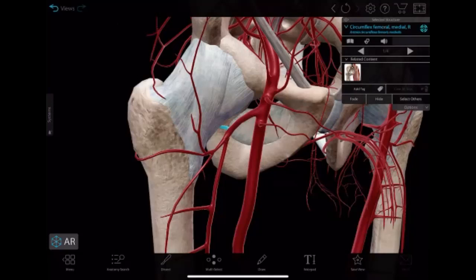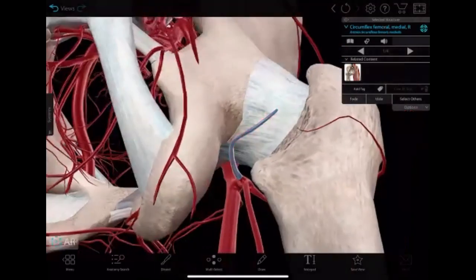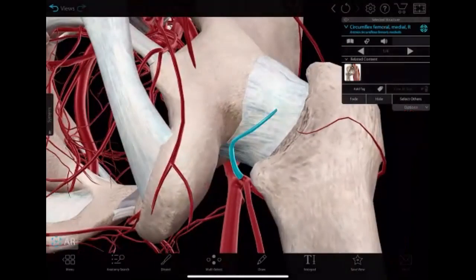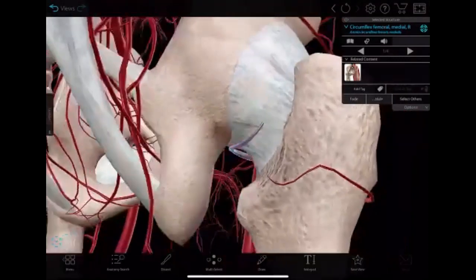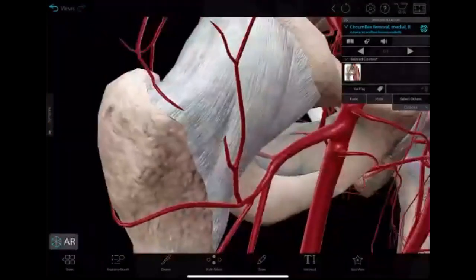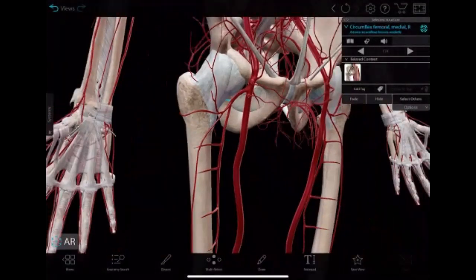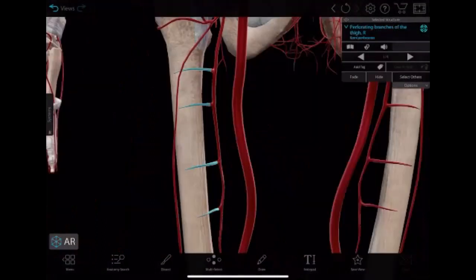In this atlas, they didn't give the branches of the medial circumflex femoral artery. Actually it anastomoses with the ascending branch of the lateral circumflex artery. Those are the branches of the profunda femoris artery. And again, you see, these are the perforators.